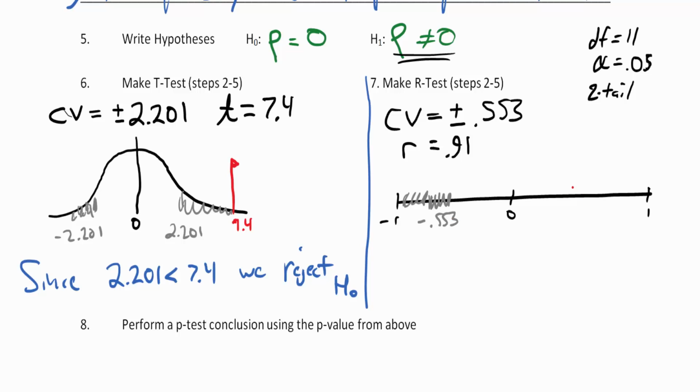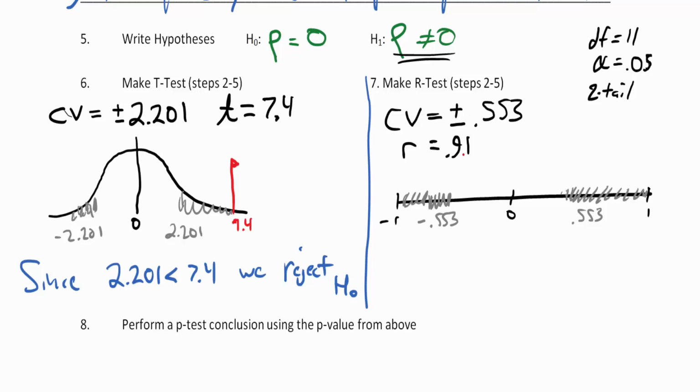It's a little bit less than half the space here. It's about 45% of this line. Sorry about the mental mistakes there.